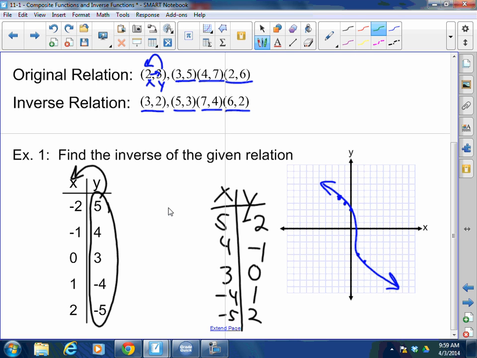Now, let's graph the inverse with green. 5, negative 2. 4, negative 1. 3, 0. Negative 4, 1. And negative 5, 2.